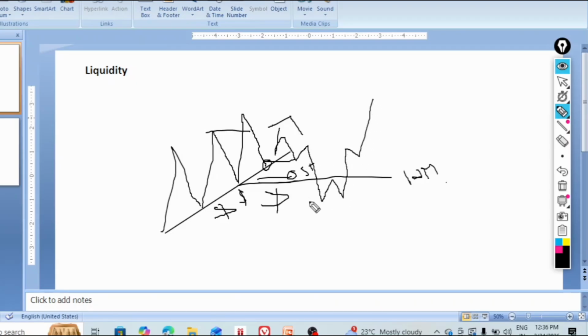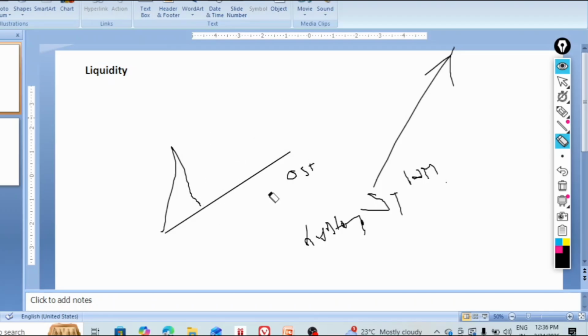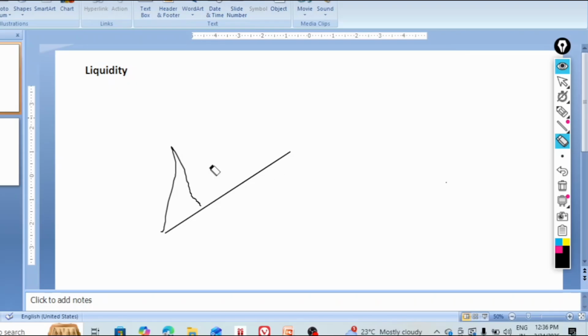So after hunting all these stop losses, the market will move. Okay, so that's how the trend line liquidity is traded, and the market moves on the liquidity of the traders. So that's basically about the trend line liquidity.